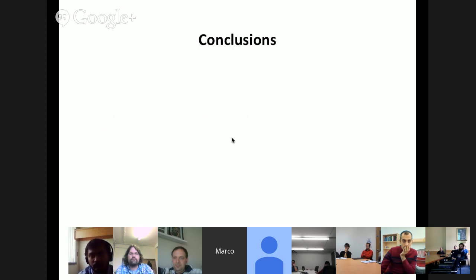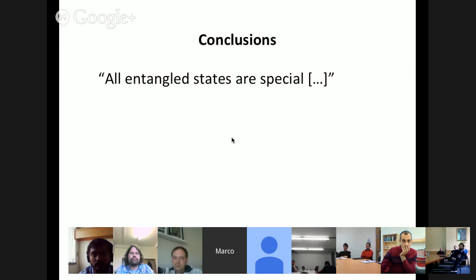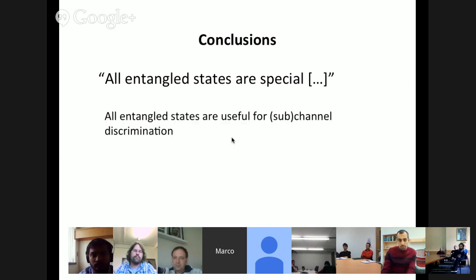So let me move to the conclusions. I hope I've convinced you that all entangled states are special. Maybe you were already of this opinion for other reasons, but here what I told you is that all entangled states are useful for subchannel discrimination. We know this for sure in the case where global measurements are allowed at the output.